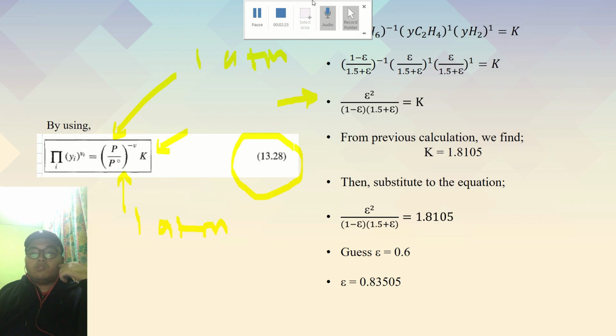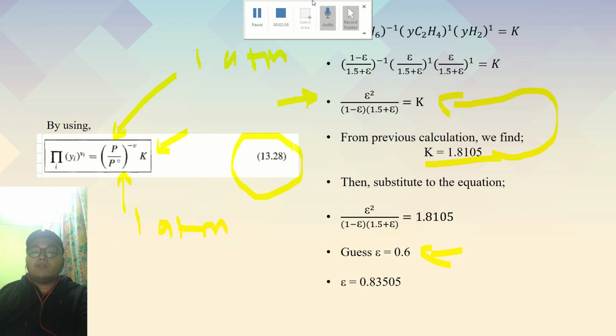From the previous calculation by our members, we get that K is 1.8105. After that, we substitute K into this equation. Then we must guess the first value of the reaction coordinate. We decided together to use 0.6 for the first guess.